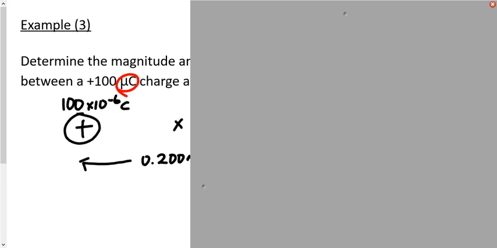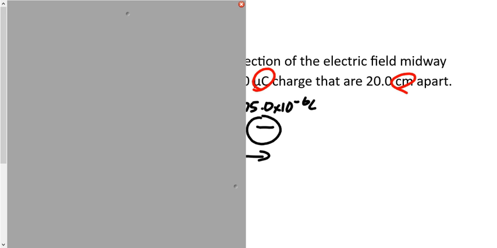The field points away from positive toward the negative. It points away from the positive because that's the way that a positive would move if placed in the field. The field is with the force. So we're going to call that E1, field number 1. Then we're going to pretend that object number 1 doesn't exist.